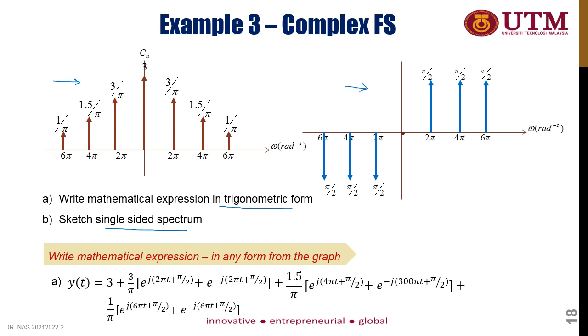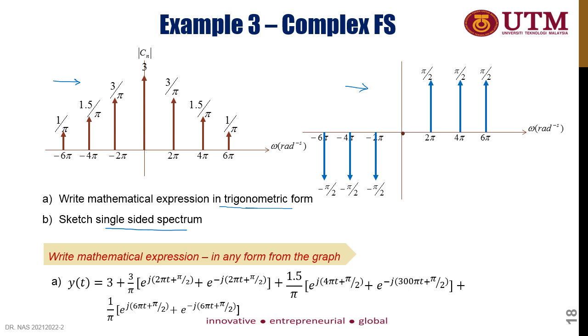Meaning that from the double-sided spectrum, you will get the exponential Fourier series. Therefore, in order to get the trigonometric equation, you need to convert the exponential Fourier series into a trigonometric function.